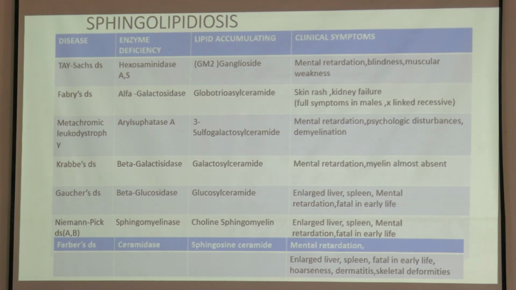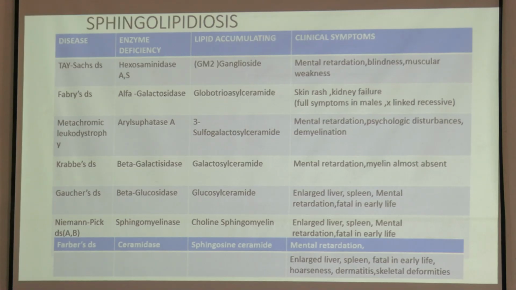Now here, mostly you will see ganglioside, globoside, galactosylceramide, glucosylceramide, ceramide and sphingomyelin. That is the lipid accumulating. Galactosylceramide is present in neural tissue normally.